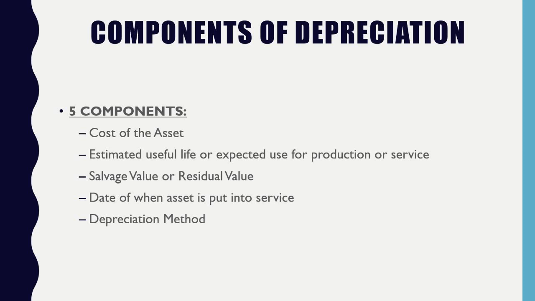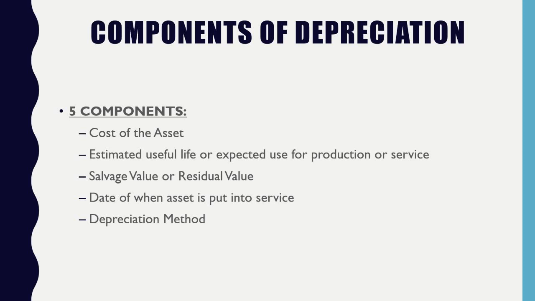We're going to make sure that it has a salvage value or a residual value, and one of the very important things that you also need to know is the date of when the asset is placed into service. Okay, so again, we're looking at another time sensitive kind of depreciation, right?